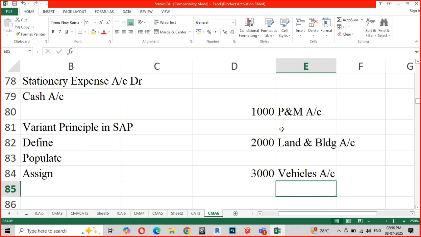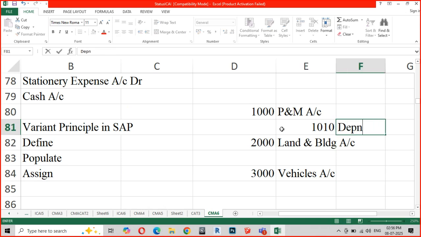Clear. Now, under this, I may have depreciation for plant and machinery.